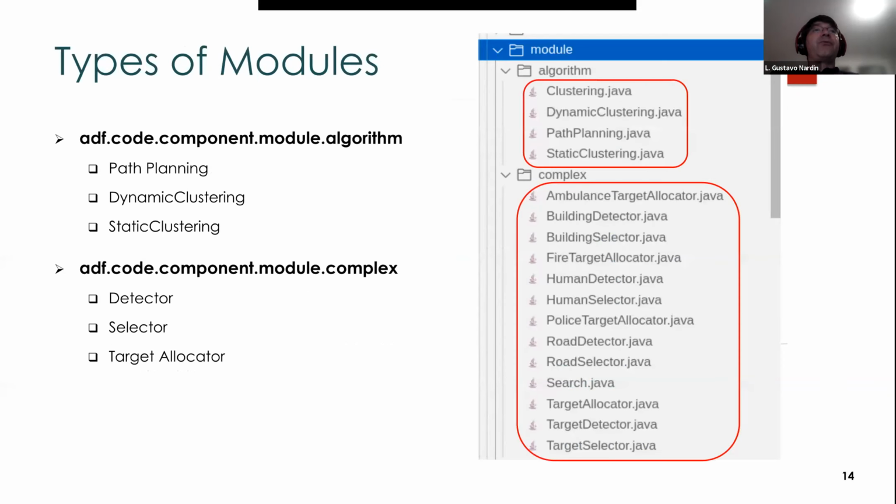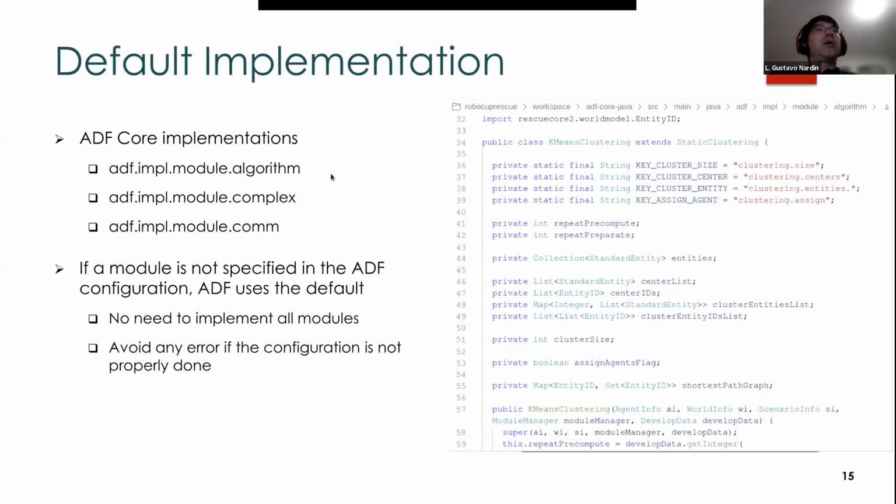Well, for each one of these elements, the core repository has a default implementation. For instance, on the right here, we have a default implementation of the static clustering for the k-means. So the k-means clustering implementation must extend the static clustering, and inside of this class is where we implement the k-means.